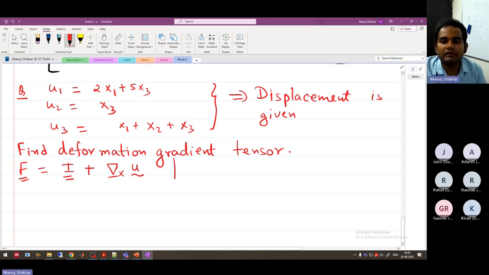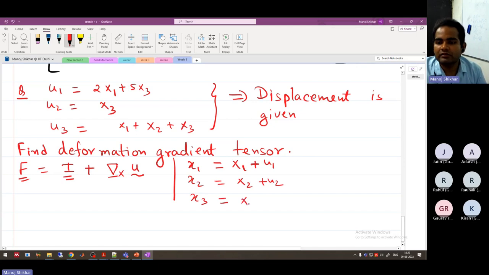Or the other method will be what? You find small x. So you can also write small x1 equal to x1 plus u1, x2 equal to x2 plus u2, and small x3 equal to x3 plus u3. Ideally, you should not do this because it will take more time, but I'm just showing you that this is also a method to do it.